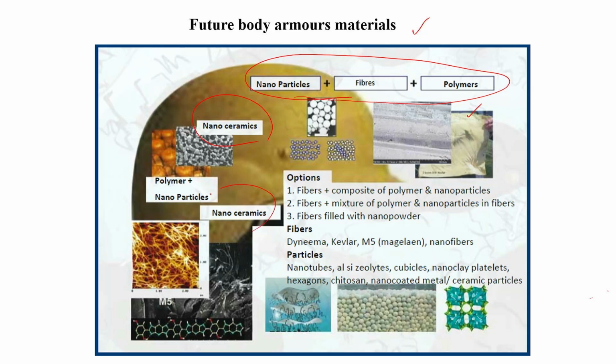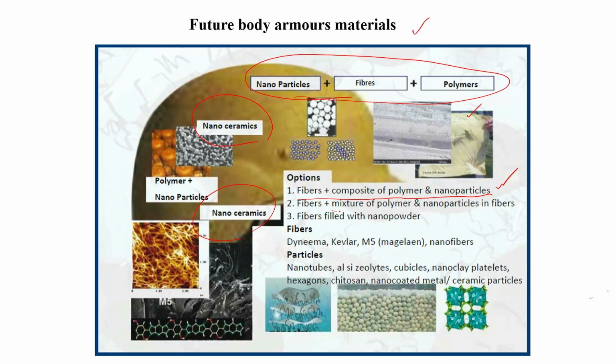Then nano ceramics we can use to make the body armor material. So there are different options available: a composite of fiber, polymer and nanoparticles.